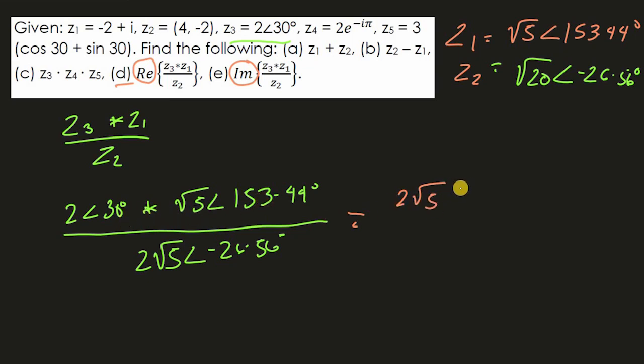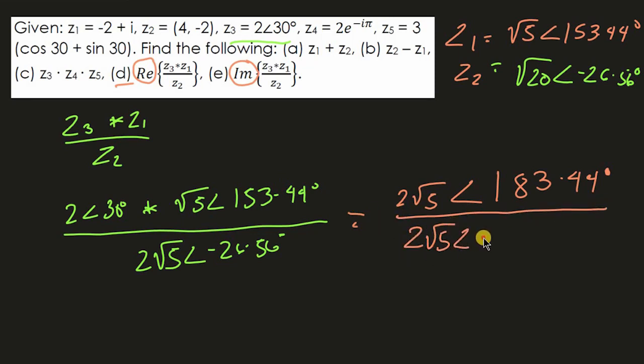Yung angles natin, angle 30 plus 153.44 is 183.44 degrees. We just add them. 30 plus 153, guys. Okay? Over, divide na natin, 2 square root of 5 angle negative 26.56.